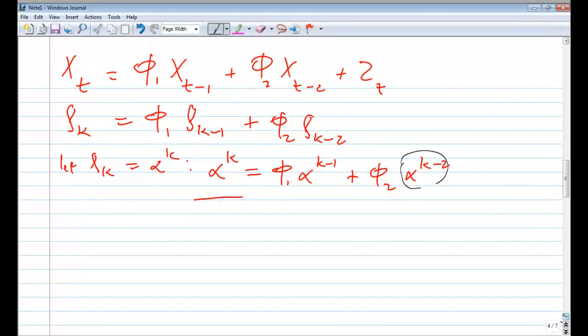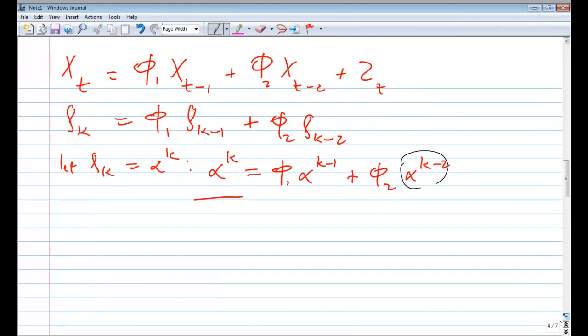Then from there, you let rho k be equal to alpha to the power k. Why are we changing rho k to alpha to the power k? We just want to find the roots now, or the factors. So this is what we wrote: alpha to the power k equals phi 1 alpha to the power k minus 1 plus phi 2 alpha to the power k minus 2.